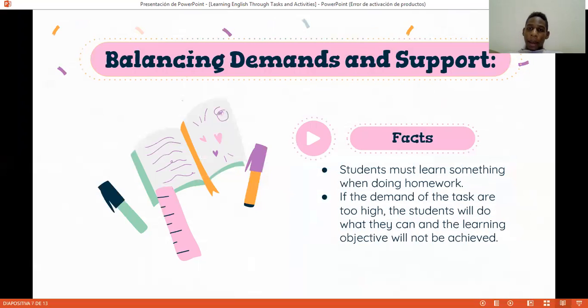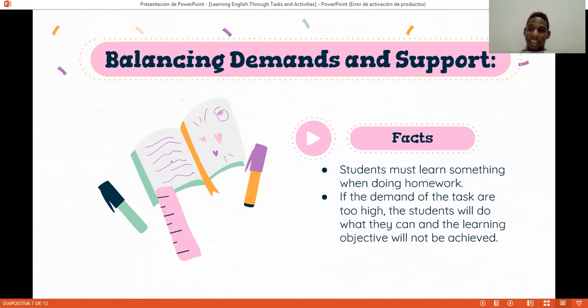Okay. Now, balancing demands and support. In this part, students must learn something when doing homework. And also, if the demand of the tasks is too high, the students will do what they can and the learning objective will not be achieved. For that reason, it is pretty important to plan each part of our classes in order to promote effective learning and at the same time to achieve all of the objectives planned in our class.